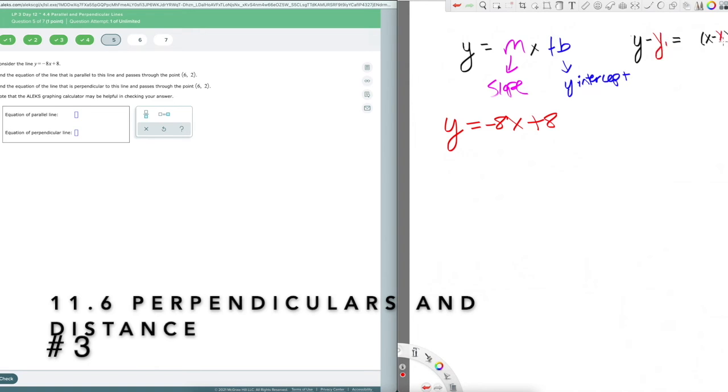Either way, we have to deal with slope here. Slope gets multiplied by x. Y is being subtracted from the y coordinate. X is being subtracted from the x coordinate. So we have now a point and a slope. Well, the reason they gave us this equation was just to grab the slope from it. This is slope-intercept form, so I know my slope is -8.